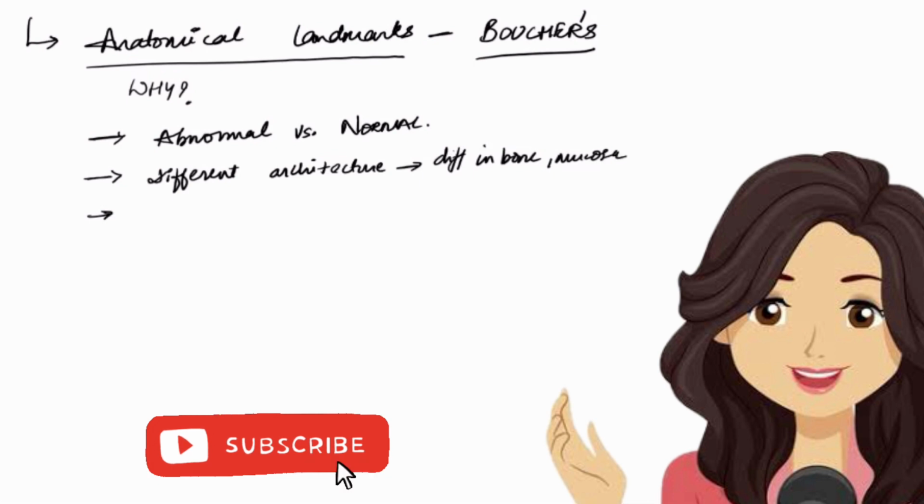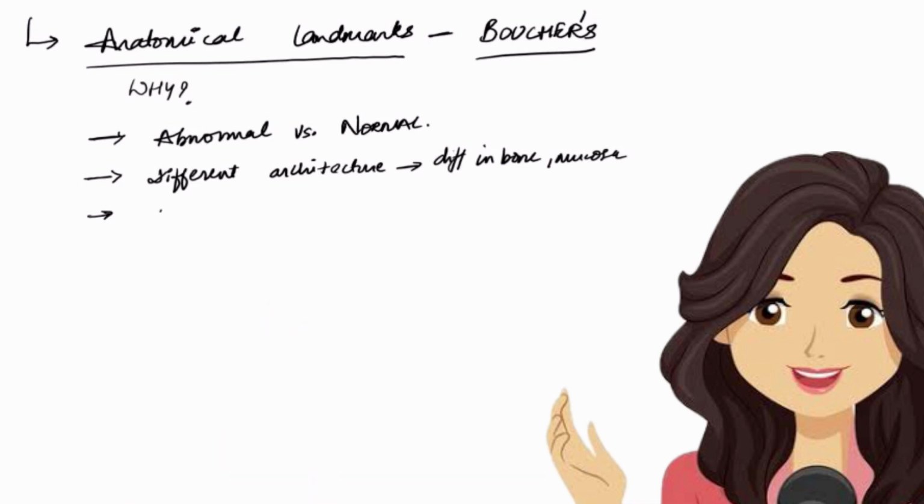So we need to understand the difference between all of them. Third is to effectively design your prosthesis. By getting an in-depth understanding of your anatomical landmarks, we would be able to design our prosthesis very well. So these are my 3 top reasons why we need to study our anatomical landmarks.